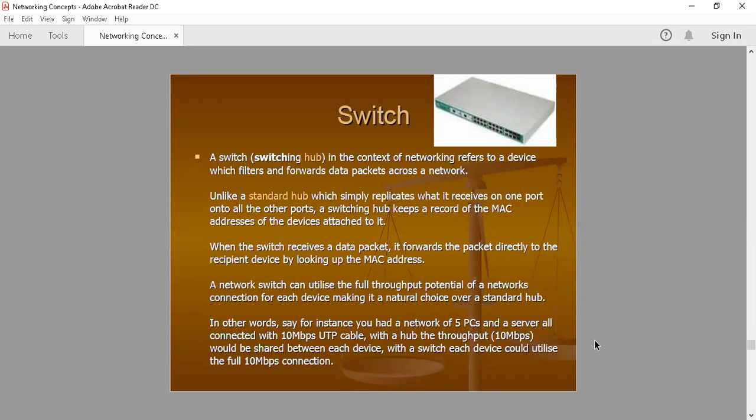The 10 Mbps would be shared between each device. But with a switch, each could utilize the full 10 Mbps connection. So communication speed will get slower when we are using a hub, but with a switch, the communication speed will increase.